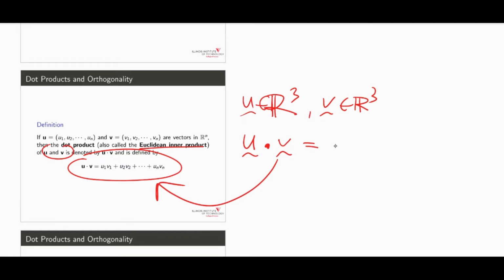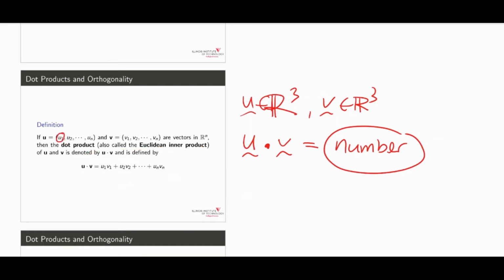So you will get a number. You can see that the dot product of two vectors is no longer a vector, but instead it is just a number, because what we do is we take the corresponding components, multiply them together, and sum them up like this. So the dot product of two vectors in Rn is no longer a vector.